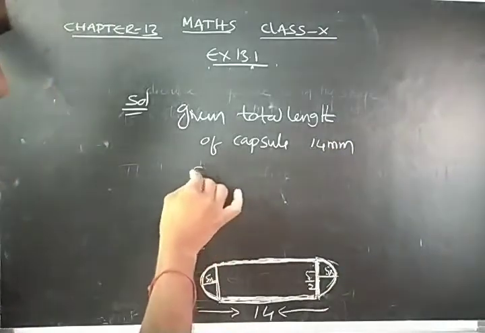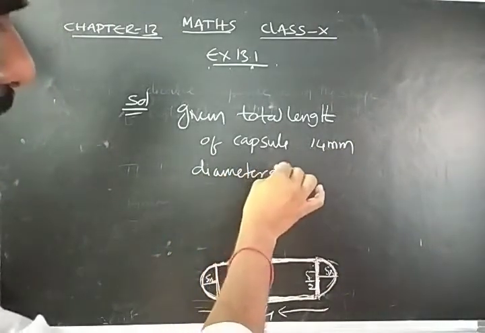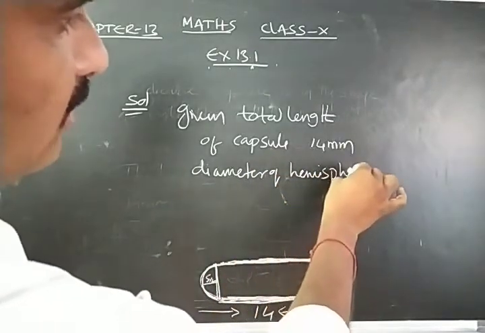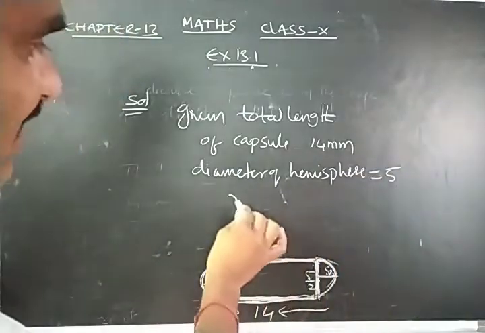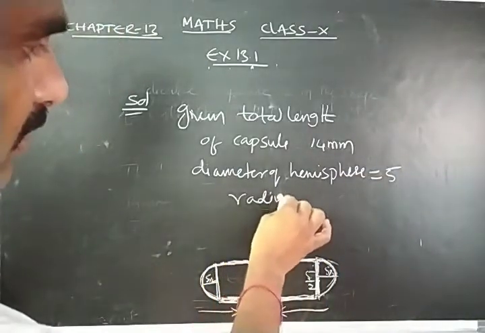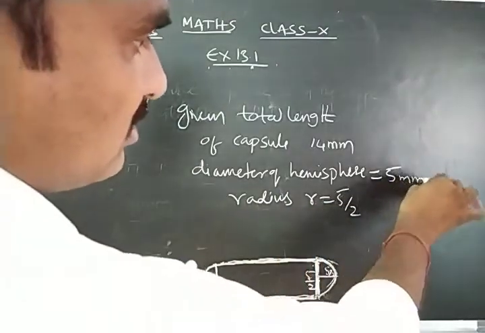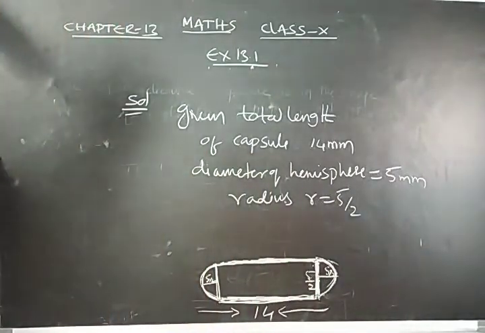And the diameter of the hemisphere is equal to 5 millimeters. Radius r is 5 by 2. If you divide the diameter by 2, you will get the radius of the hemisphere.